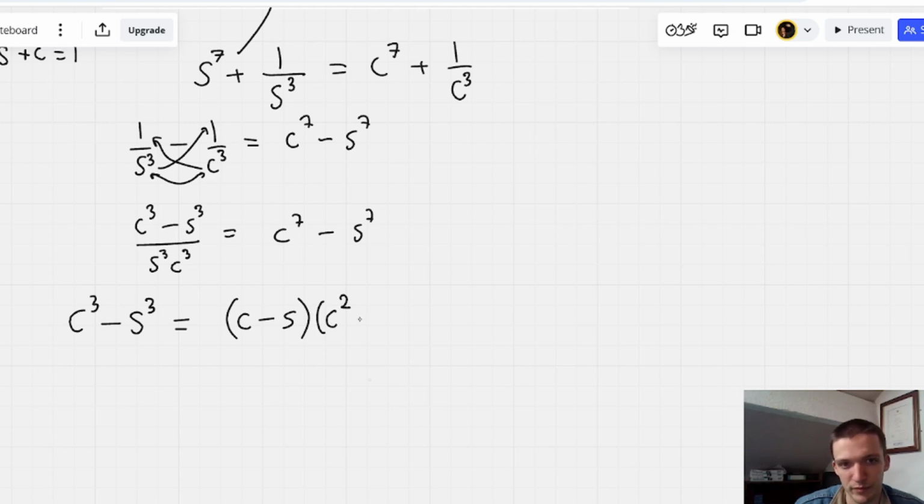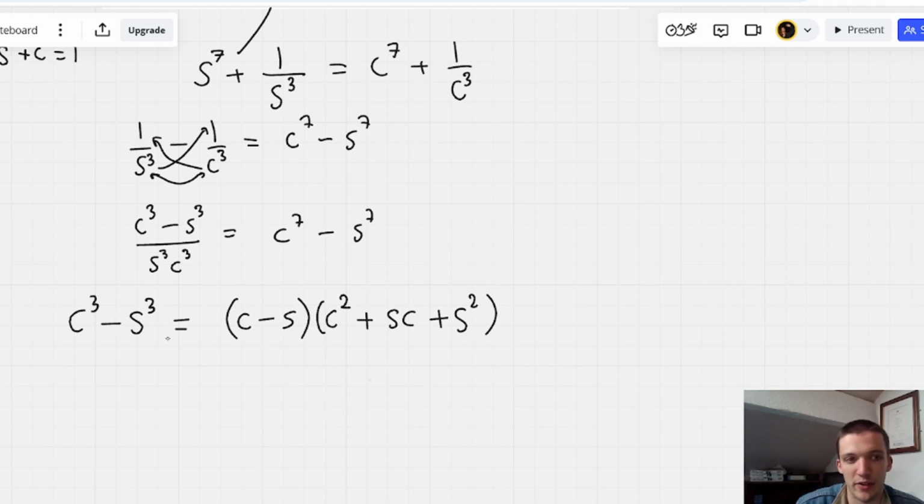So I'm going to need to cancel that out essentially. So I'm going to add in an sc in the middle, because when I multiply this sc by the c, I get plus sc squared. So that's going to cancel when we expand it out, and then I'm going to have a plus s squared on the other side. That s squared times this negative s gives us this negative s cubed.